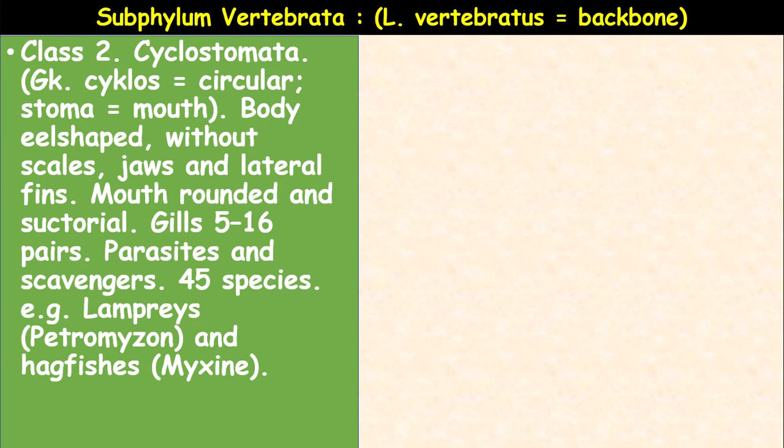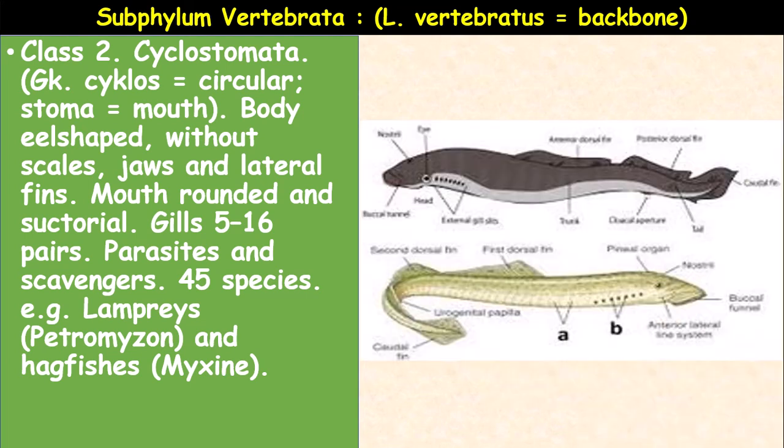In aquariums you will see, the cleaning fish belongs to the cyclostomata only. There are 45 species. Example, lampreys, petromyzon and hagfish myxine, especially this hagfish or parasite. You can see, this is the sucker fish. The petromyzon and myxine.